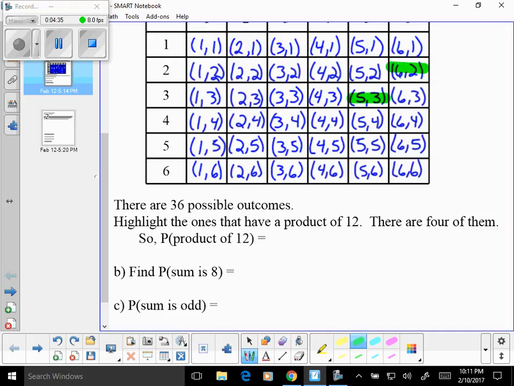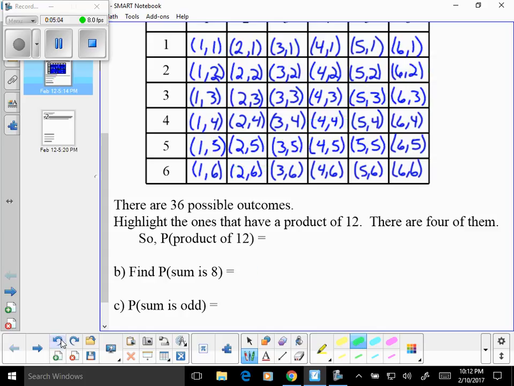In the fourth row, I will have 4 plus 4. In the fifth row, I will have 3 plus 5. And in the sixth row, I will have 2 plus 6. If I count those, I am going to get 5. So 5 out of 36. And that is in lowest terms.